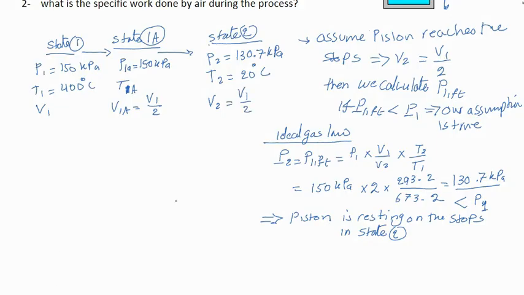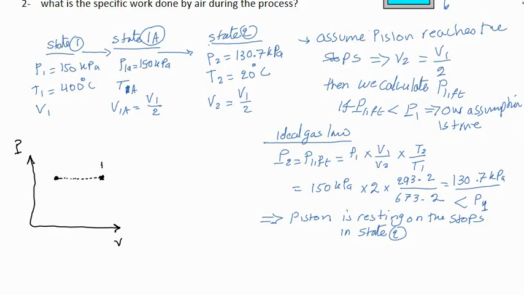Let's describe what happened in a PV diagram. So we started at some point at a higher volume. We reduced the volume until we reached the stops.